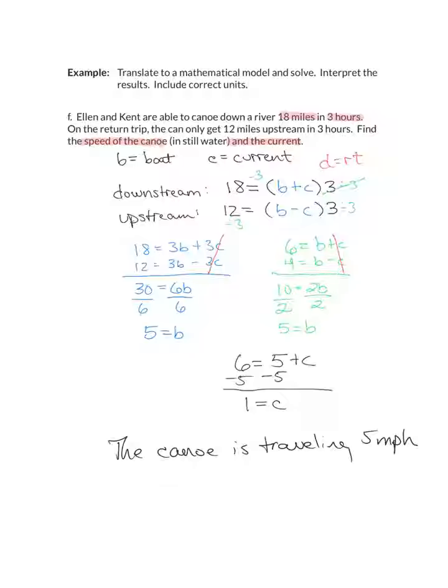This is a rate, and the current is 1 mile per hour. And we're done. As I said, make sure that your vehicle is always moving faster than your river. Otherwise, you are going to be paddling upstream but going downstream, and we don't want that. It is implied that they are going to make it upstream.